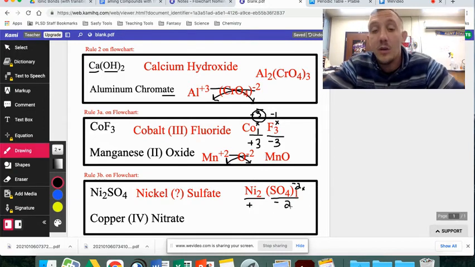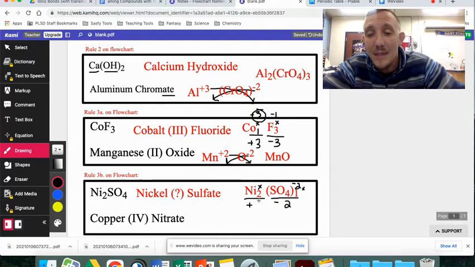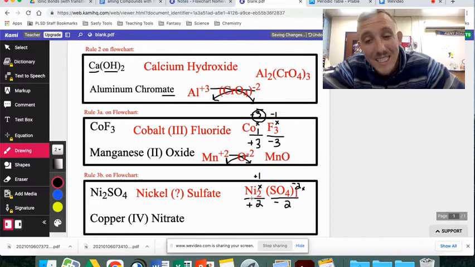But now I need to figure out the charge of nickel. I have 2 nickels, so what times 2 is going to get me +2? The answer is +1. +1 times 2 is +2. The reason it has to be +2 is because I have a -2.